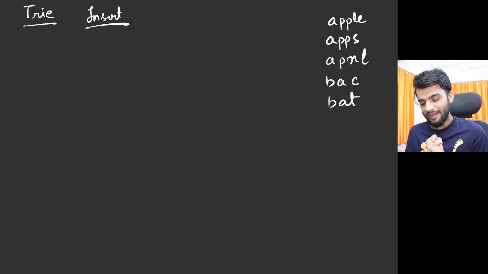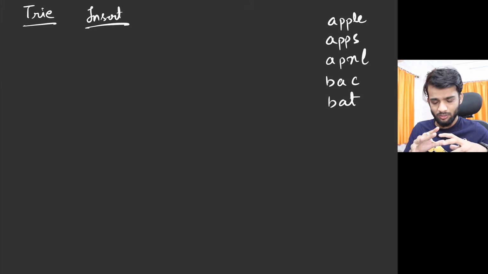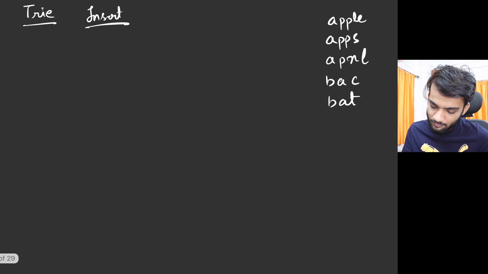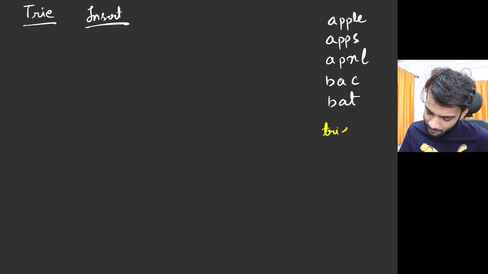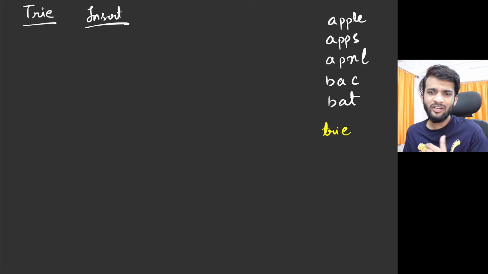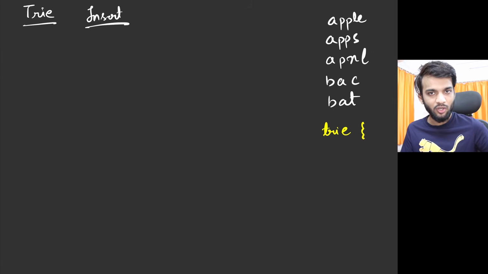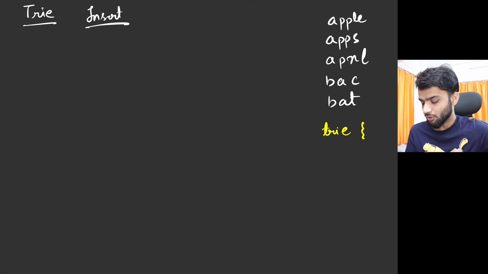So these are the 5 words that we will take in order to understand the insert functionality of the TRIE data structure. Now, what is a TRIE data structure? Let's first understand the structure of TRIE data structure. Generically, the TRIE data structure is a struct if you're using C++. In C++, you can also use a class. So TRIE data structure is a struct or a class, and it has 2 member variables.